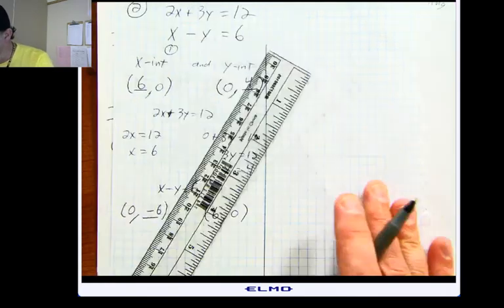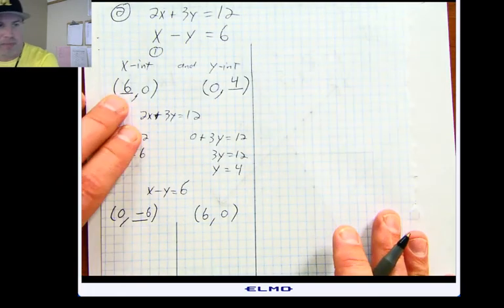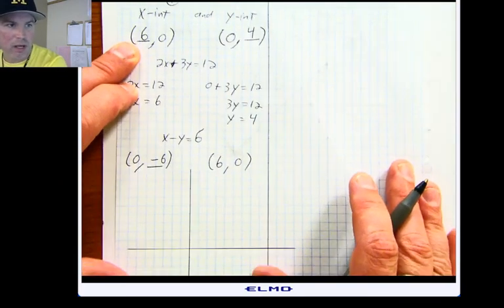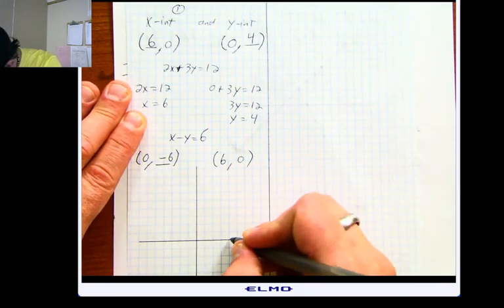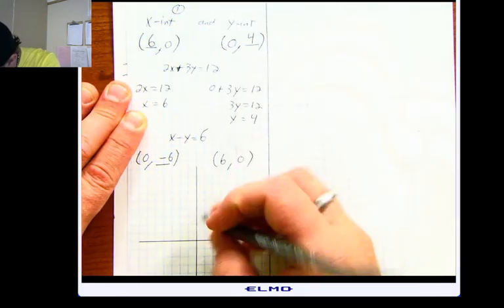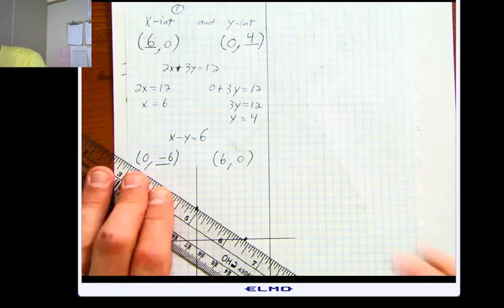And this makes graphing very, very fast because you just have 2 points you need to connect. So my first equation, I had the points (6, 0), 1, 2, 3, 4, 5, 6, and the point (0, 4). Connect the dots.